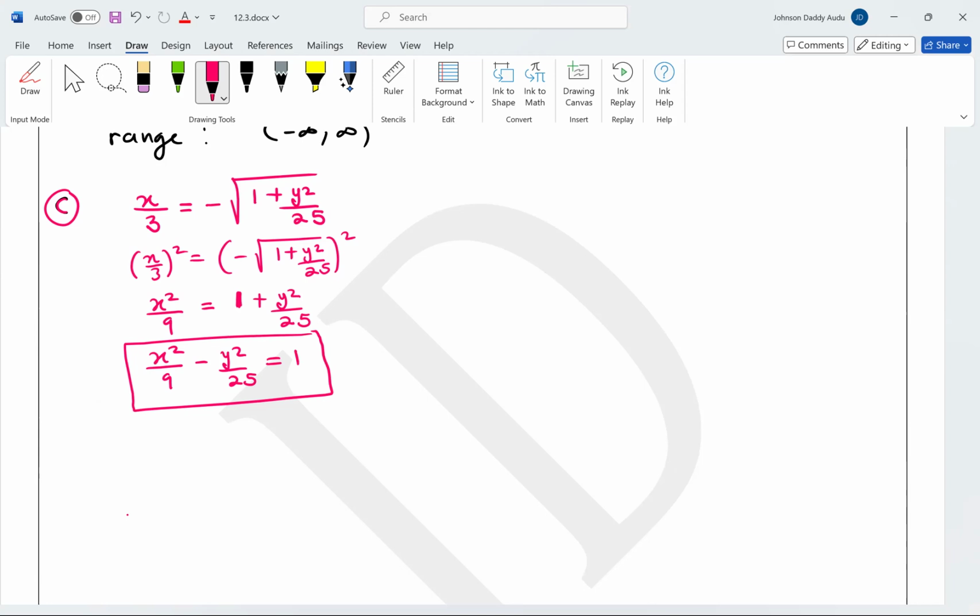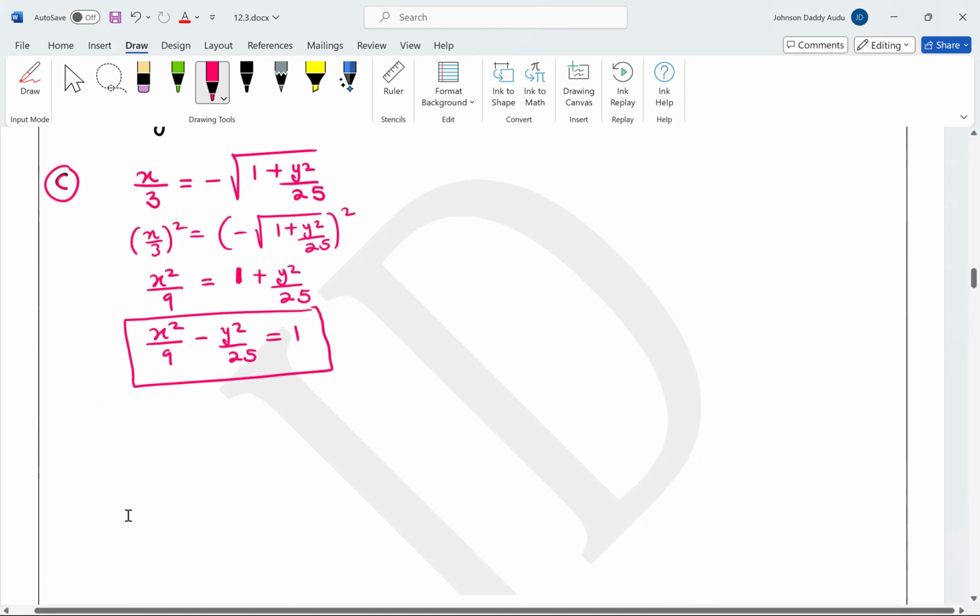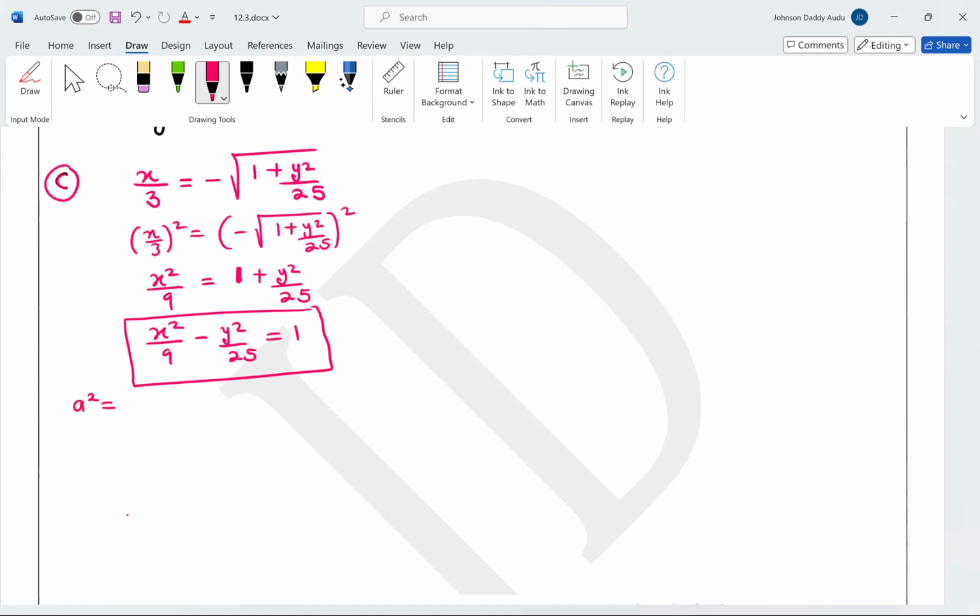Right. Now, this is going to be a half. But okay, now let's see first. What is a? A squared is definitely 9, and that means that a is 3. B squared is 25, which means that b equals 5. Now, what type is this one?